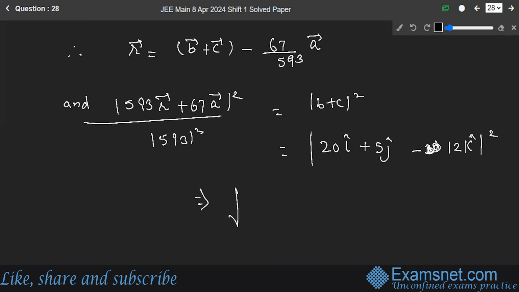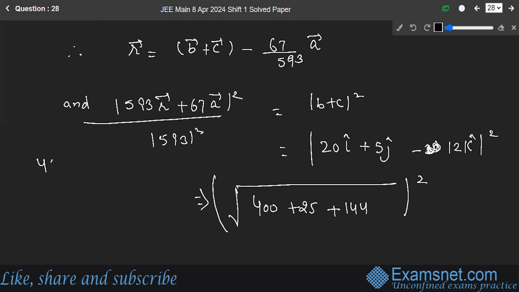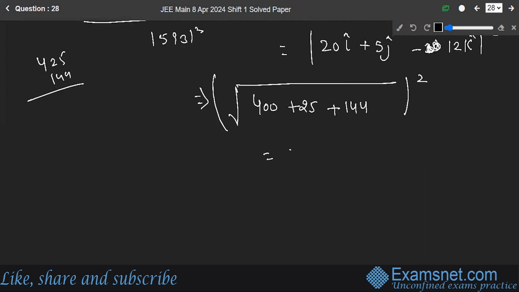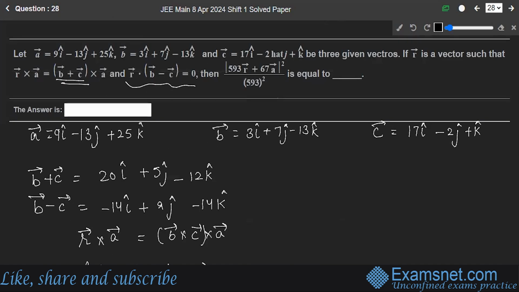So this will give you 20 square, 5 square, and 144. Actually this is the square, so I will leave the root. Fine, that gives you 425 and 144, which is 569. So this is the answer to the question, 569. Hope you got that. Let's move to the next question.